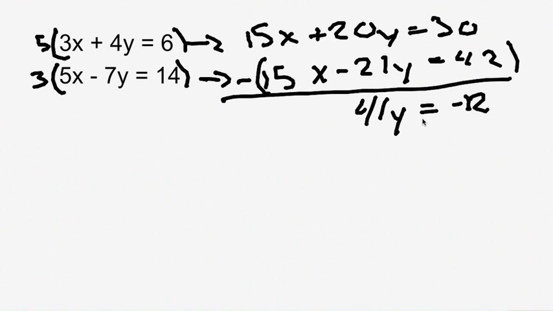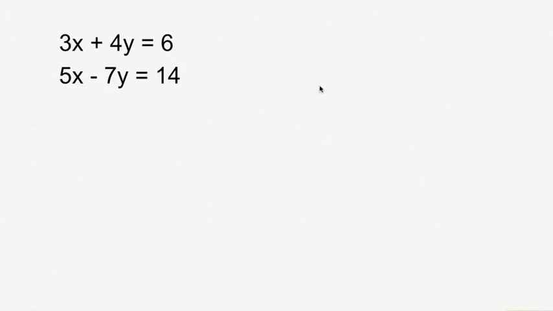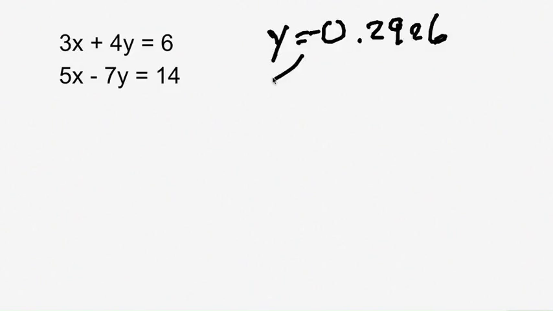So you divide by 41 and you get y equals negative 0.2926. We can then plug in the y value, which if you remember was negative 0.2926, into the y in the second equation.